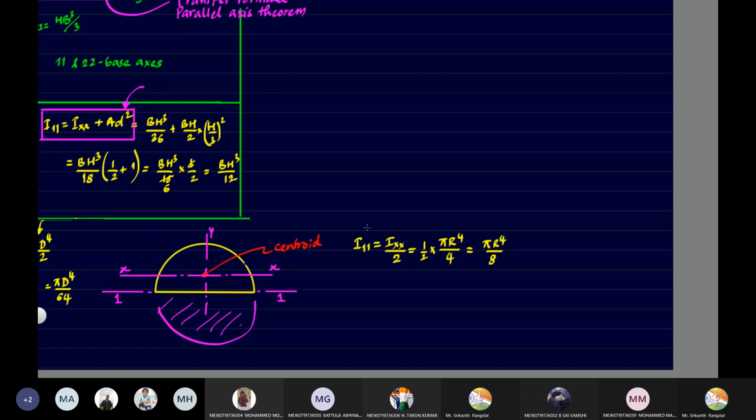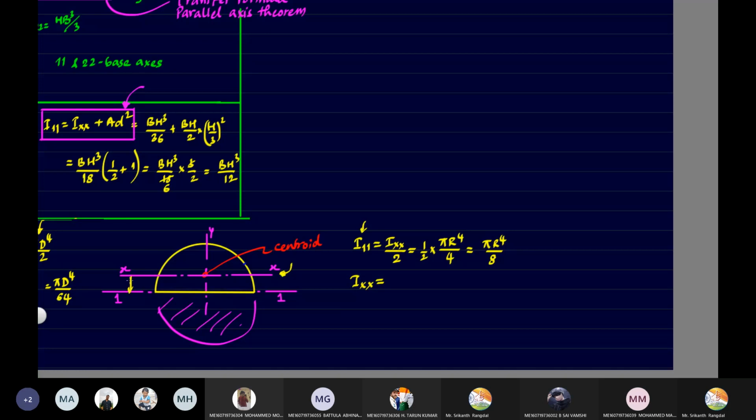But this is not the centroidal axis, no? The centroidal axis is here. So how to find IXX? We have to use the transfer formula, the parallel axis theorem.